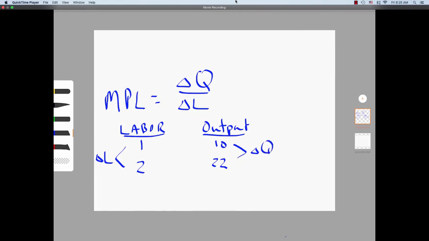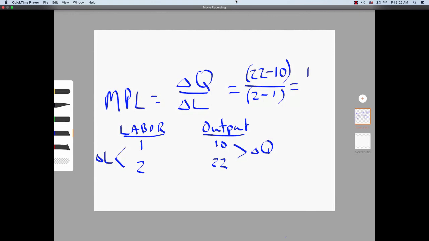So if we put those numbers into our equation, delta Q is 22, that's what you were producing with 2 workers, minus what you were producing with 1 worker, divided by the change in L. We've just moved from 1 worker to 2 workers.